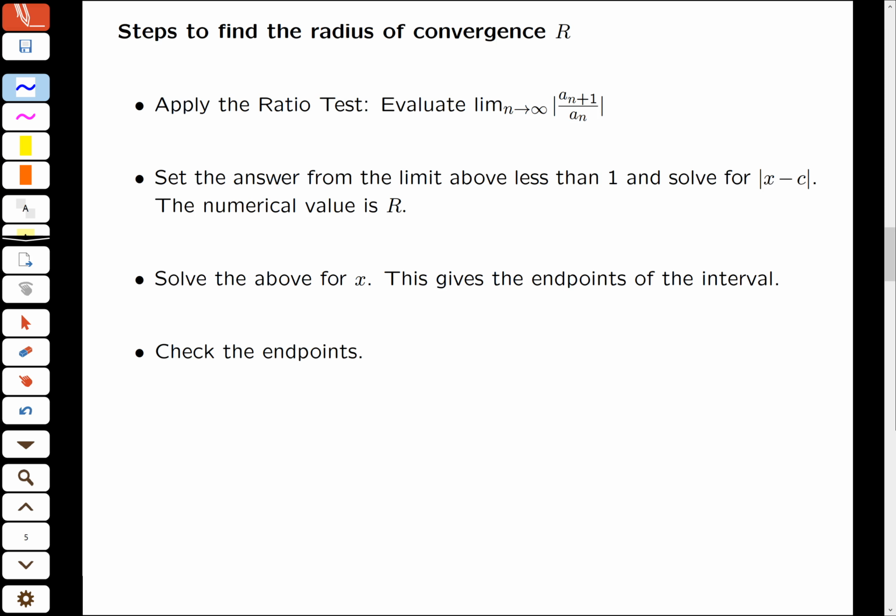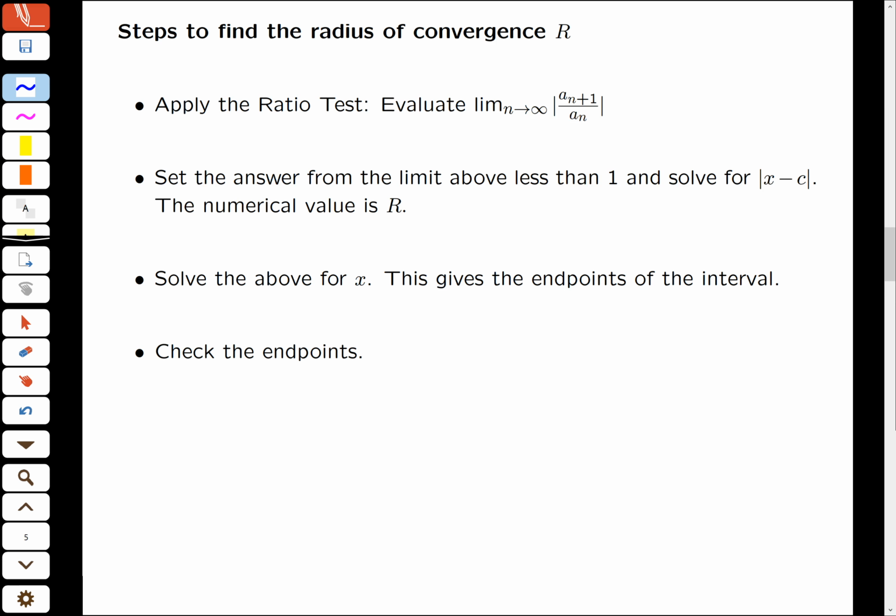Okay, on the handout that I gave you, you have the classwork questions, the quiz questions, on the first side, on the front, and on the back you have the steps to be able to find your radius of convergence r. Once you find r, you're just going to solve the equation to find the interval of convergence by solving for x. So I didn't put those steps on here, but these are the steps that are up here. Apply the ratio test.